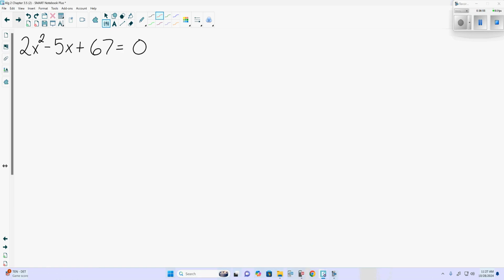So let's look at this here. a is not equal to 1, so we have to divide everything by 2. 2x squared divided by 2 is x squared minus... 5 doesn't divide by 2 evenly, so we're going to leave it as negative 5 over 2. 67 does not divide by 2 evenly.